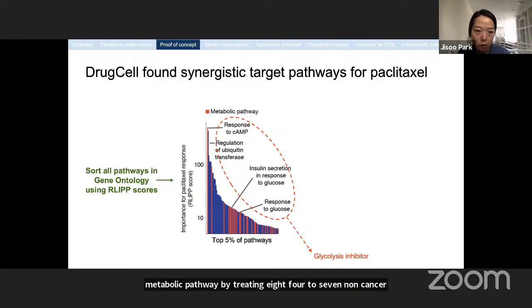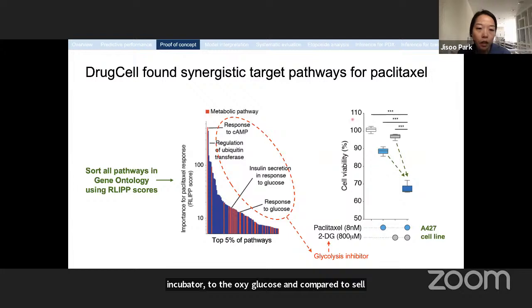line with paclitaxel and a glycolysis inhibitor, 2-deoxyglucose, and compared the cell viability after treatment. The white box is the cell viability distribution when only the vehicle is injected to the cell line, and the blue box is when treated only with paclitaxel, and the gray box is cells treated with 2-deoxyglucose, and finally the darker blue is the cells treated with the combination of paclitaxel and 2-deoxyglucose.